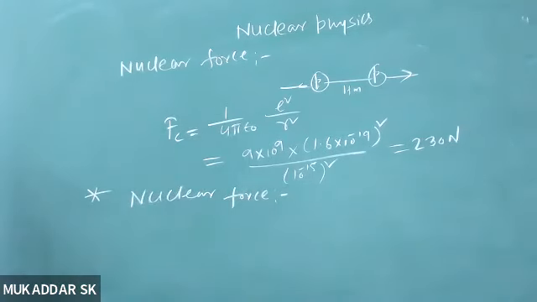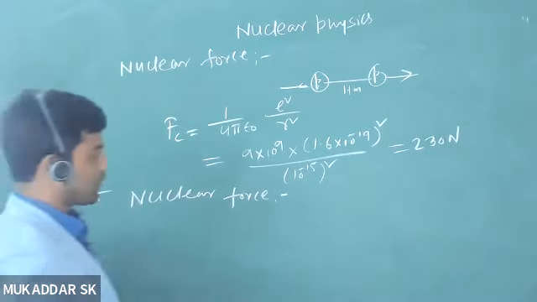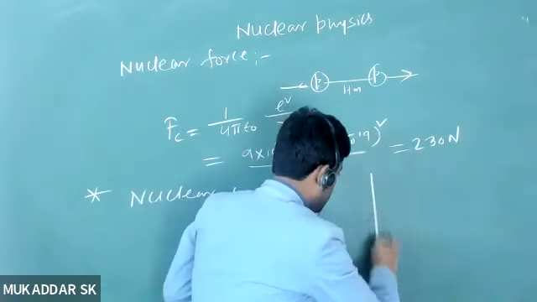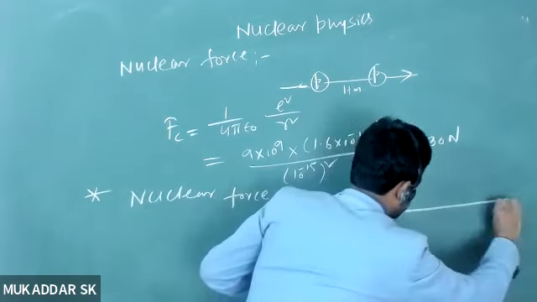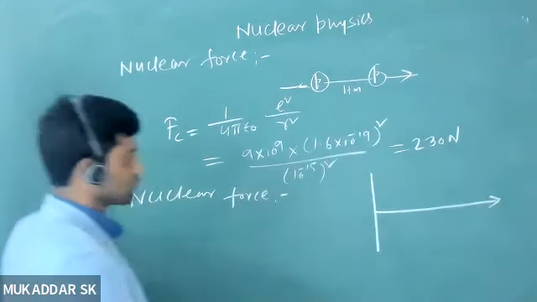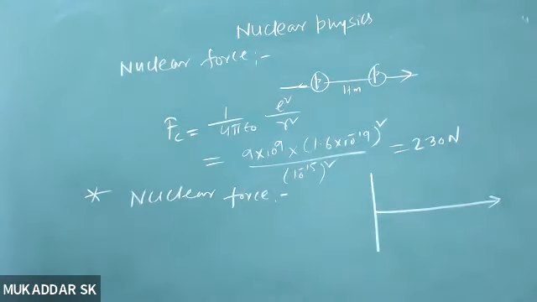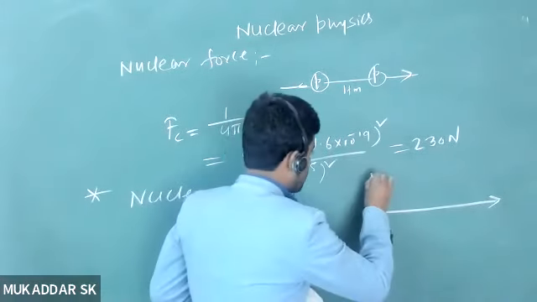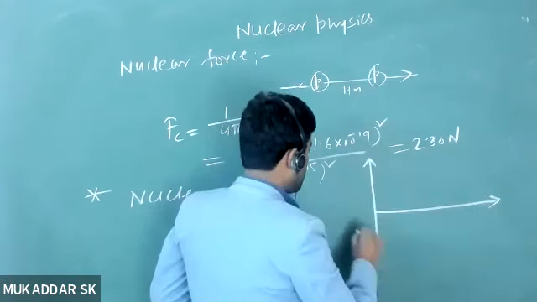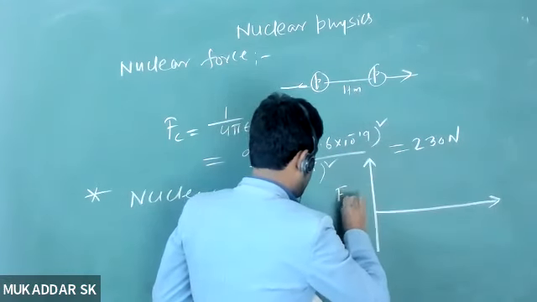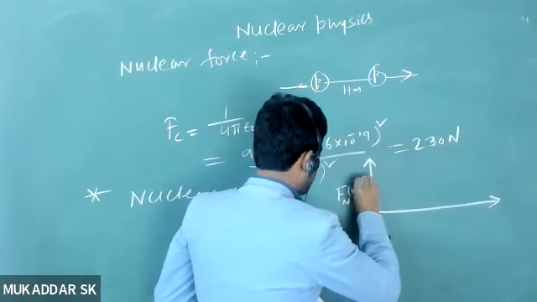But the characteristic of nuclear force is quite complicated. There's no mathematical form. But if you see the experimental curve, the nature of nuclear force is not simple. On this side, you have the strength of nuclear force, Fn, that is of the order of 10 to the power 4 Newton.